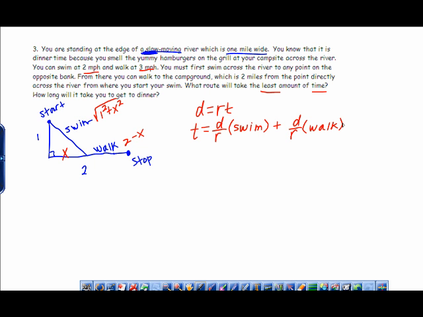So it's 2 parts. So t equals the square root of 1 squared, or just 1, plus x squared, over our rate for swimming, which is 2 miles per hour. We're going to add that to the time that we spend walking, which is going to be 2 minus x over 3. Okay, and then we're going to take the minimum.